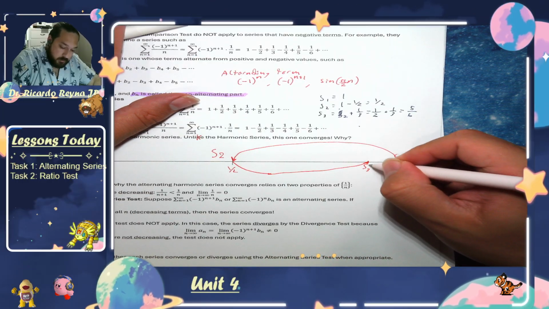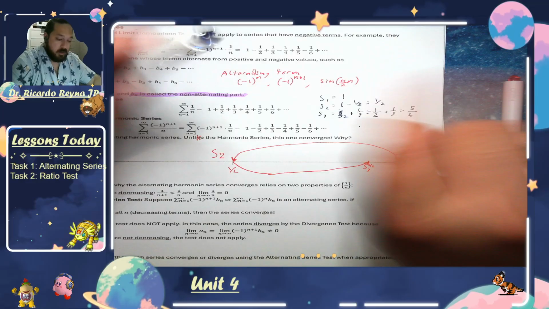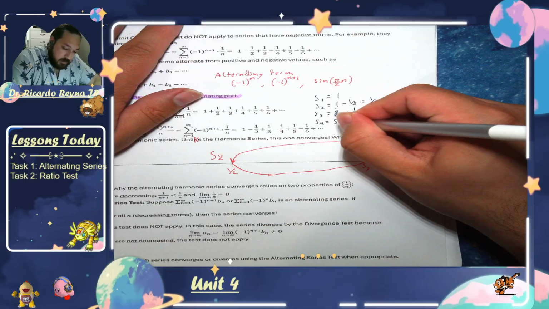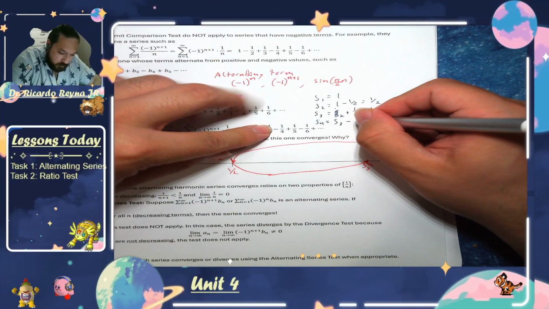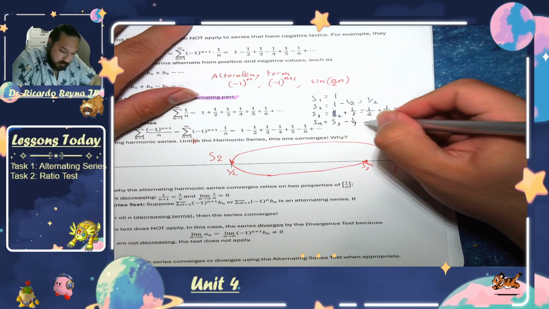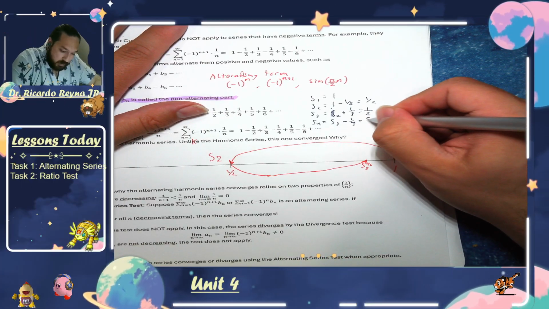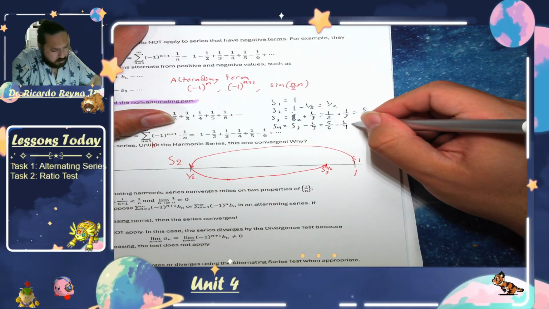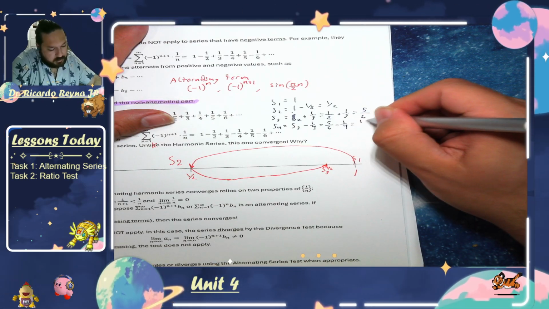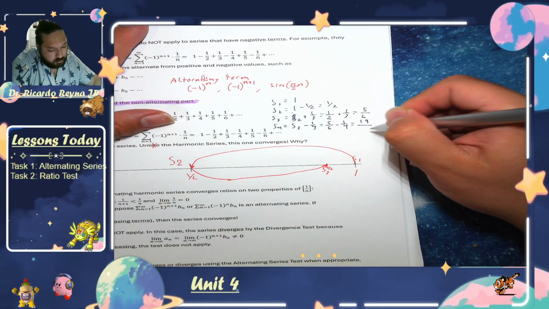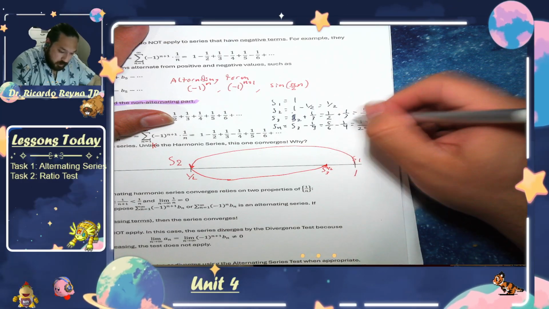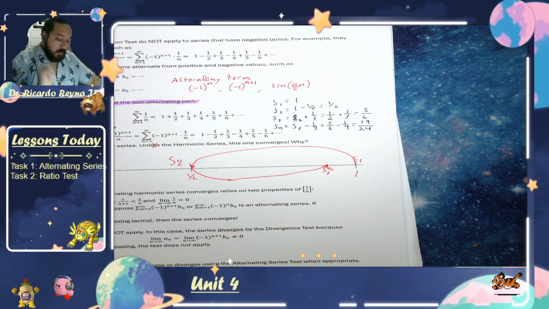Then S4 is S3 plus the fourth term, which is minus 1/4. So 5/6 minus 1/4 is 19 over 24. Let me just double check. Yes.